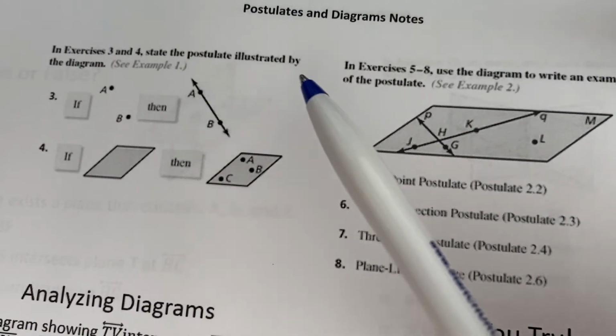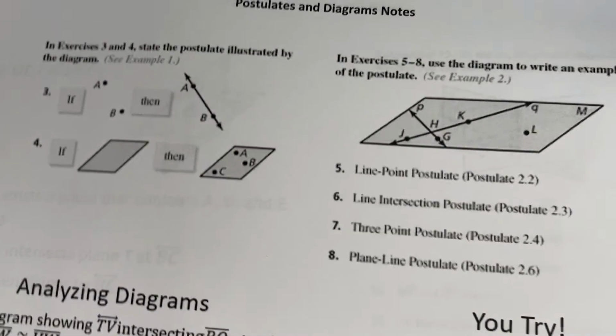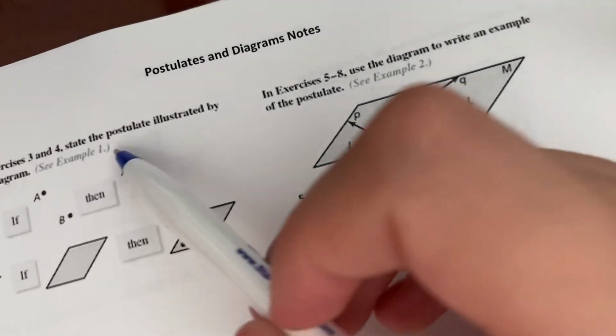State the postulate illustrated by the diagram. Right here, 2 points create a line.